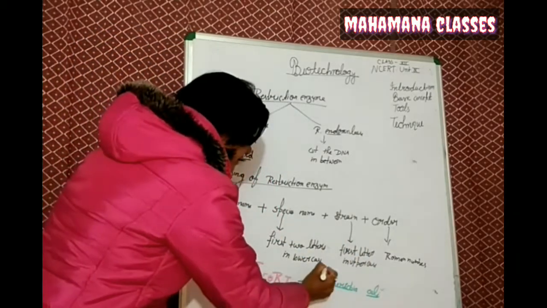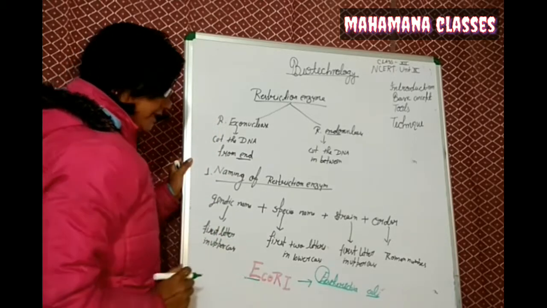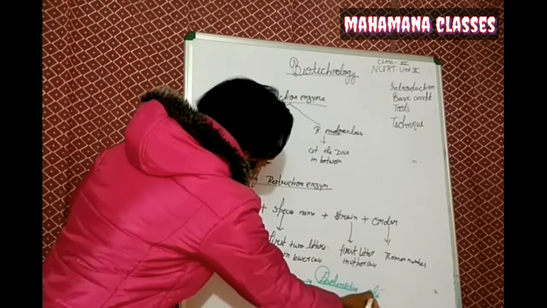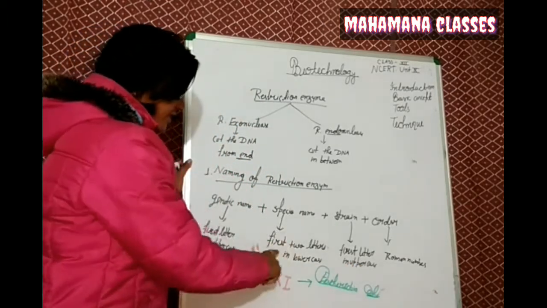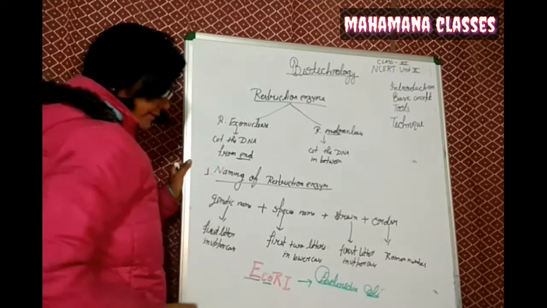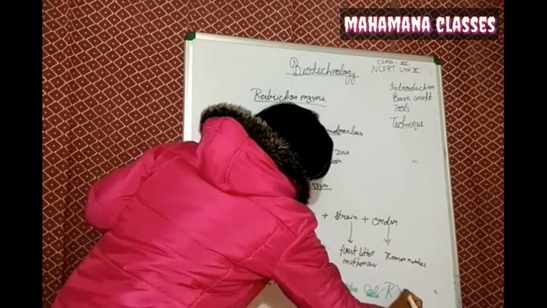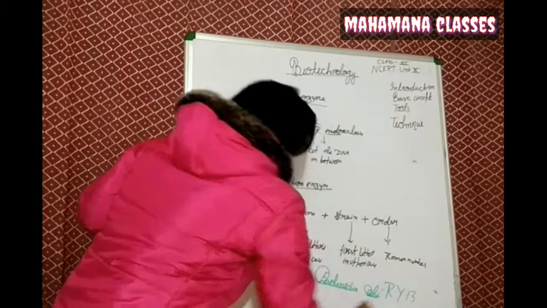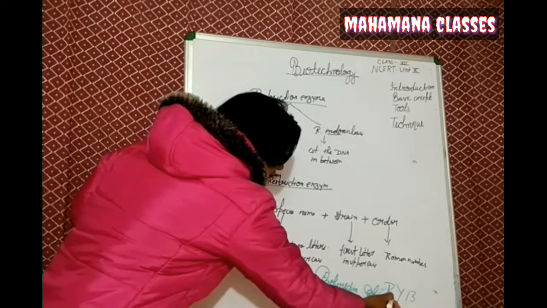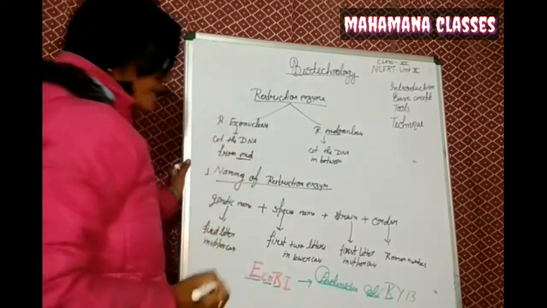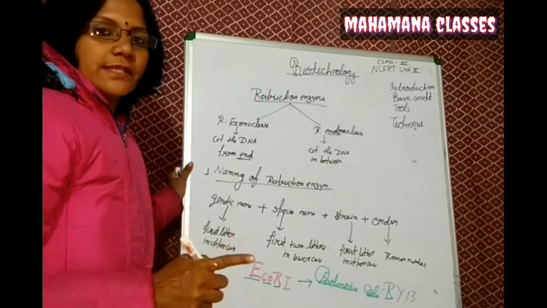The first letter E is from the genus name, in uppercase. Co, the first two letters from the species name coli, in lowercase. Then this strain is RY13, so the first letter R in uppercase.